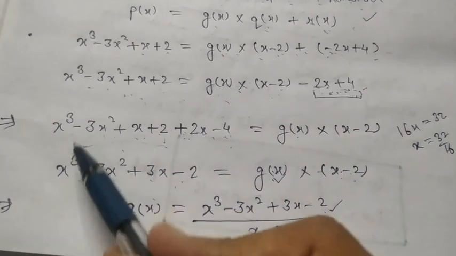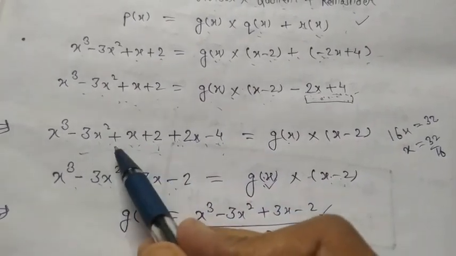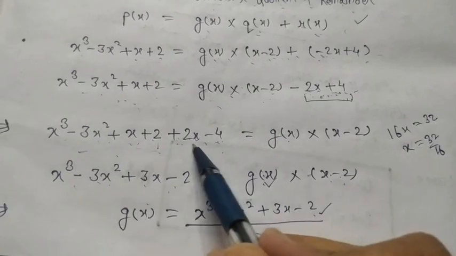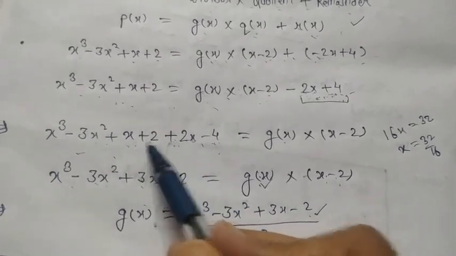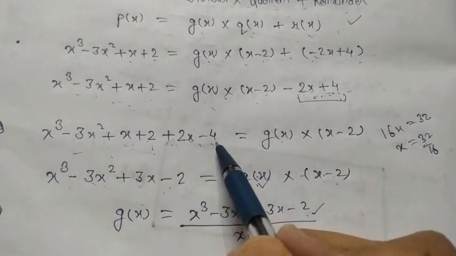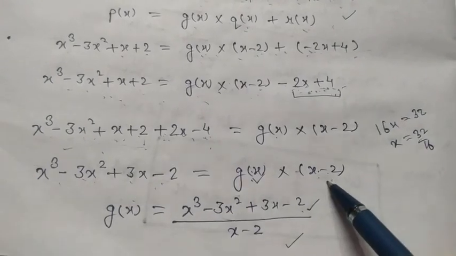Afterwards, x cube, because no other term is x cube here, 3x square same. Now plus x and plus 2x, both are like terms, so they will be added. So x plus 2x will be 3x, and plus 2 and minus 4, because both have opposite signs, this will be minus 2, equal to g(x) into x minus 2.